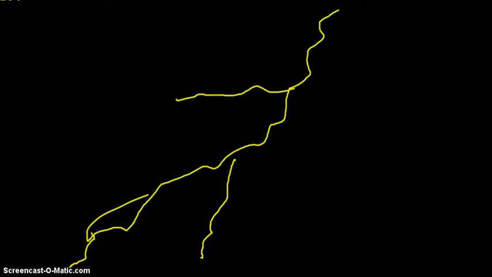Lightning can be as hot as up to 30,000 degrees Celsius. And lightning is actually plasma. That doesn't really have much to do with this, but it's a cool fact. The temperature can get all the way up to 30,000 degrees Celsius, so it's very, very hot.